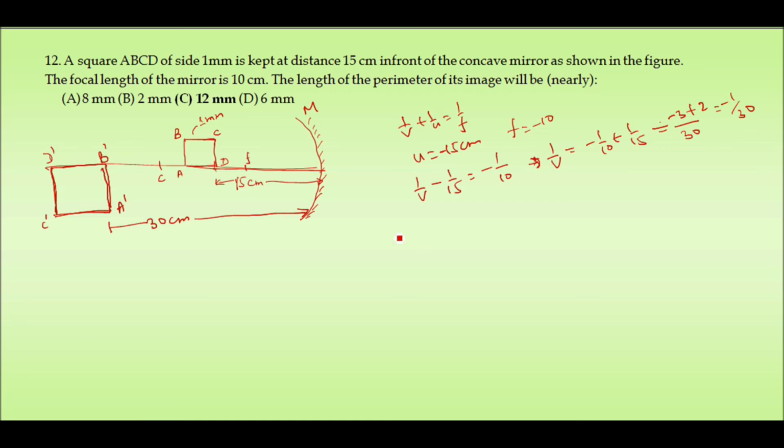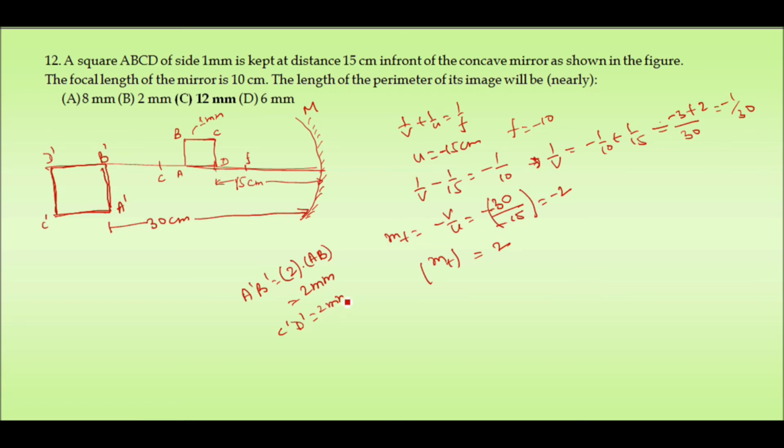Transverse magnification MT is equal to minus V by U, that is minus 30 divided by minus 15, and its value comes equal to minus 2. Taking the magnitude, the transverse magnification is equal to 2. So A dash B dash is equal to 2 into AB, and it is equal to 2 mm. Similarly C dash D dash is equal to 2 mm.